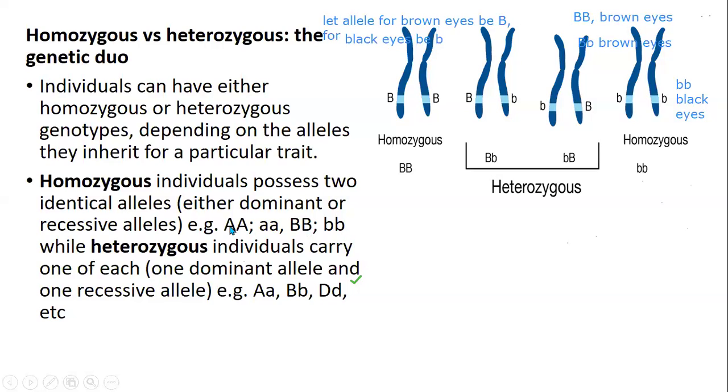So we say that this is a homozygous genotype, because the set of genes has two alleles which are identical. But sometimes we have heterozygous individuals, meaning that they carry one dominant allele and one recessive allele. Those ones are said to be heterozygous.